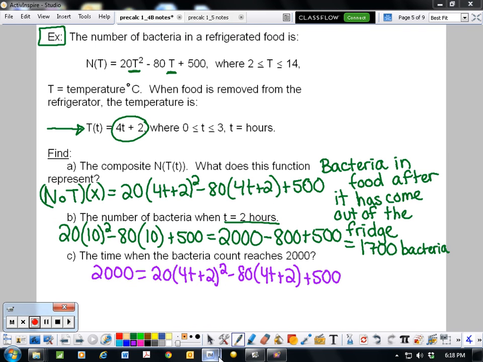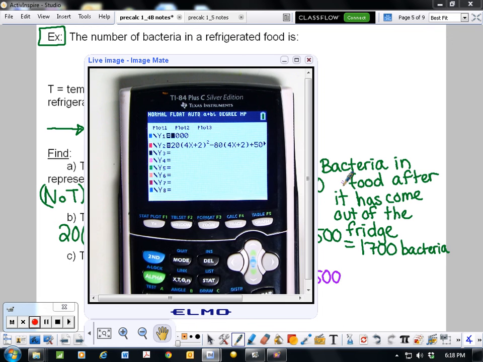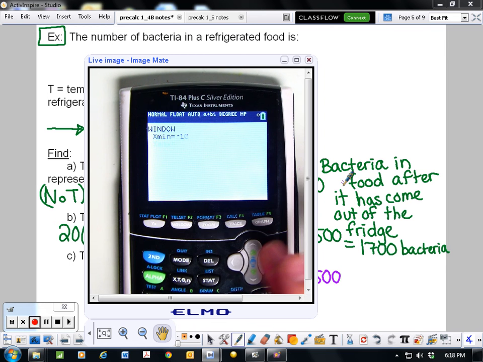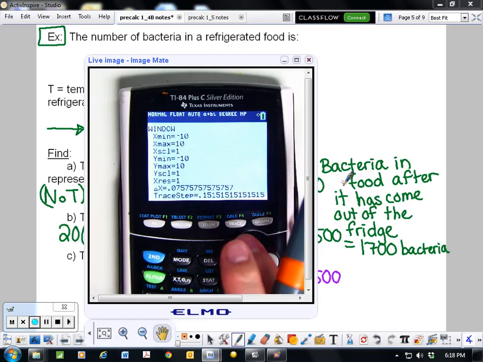So if we go to our graphing calculator here, we've got our 2000, we've got our equation, and then we can go into our graph.